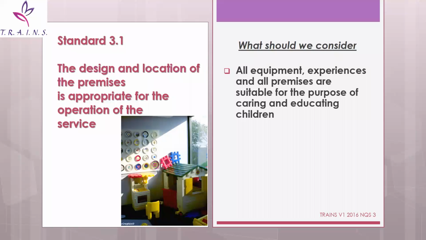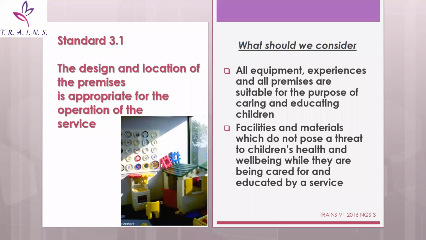We all like to be in a comfortable place. So the facilities and materials do not pose a threat to children's health and well-being while they are being cared for and educated by a service. So this is something that we would have also talked about when we were discussing quality area 2, children's health and safety.